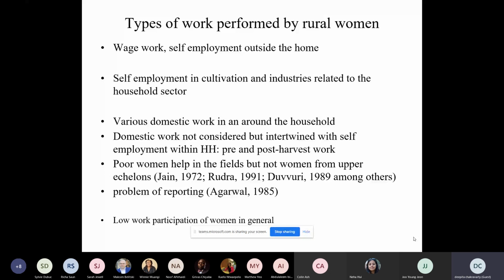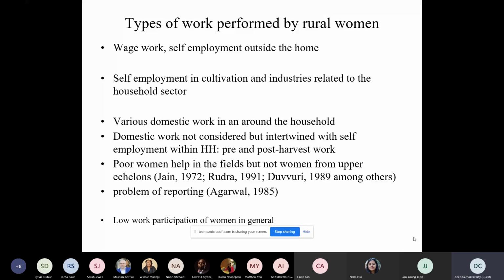When the census enumerator comes to a rural household and asks what the people of the household work at, usually the man of the household comes out and starts answering the questions.